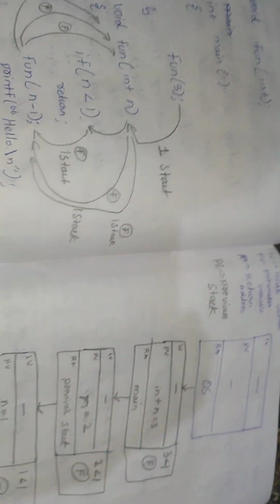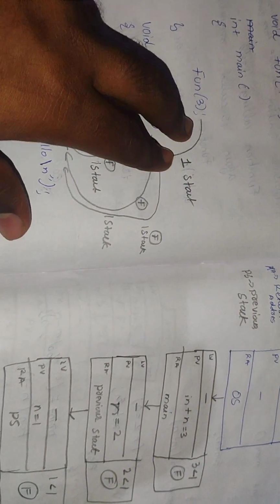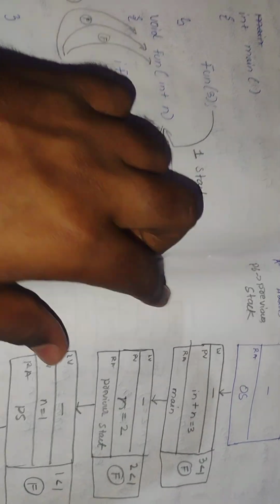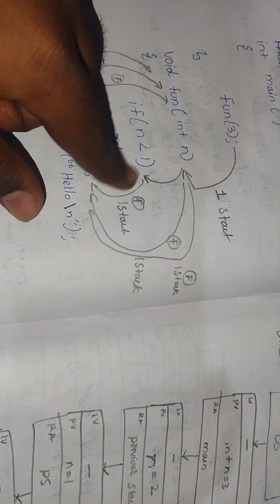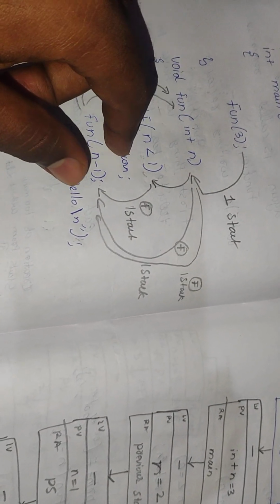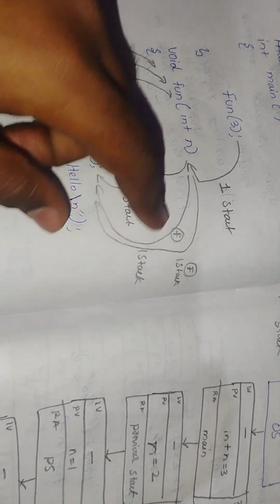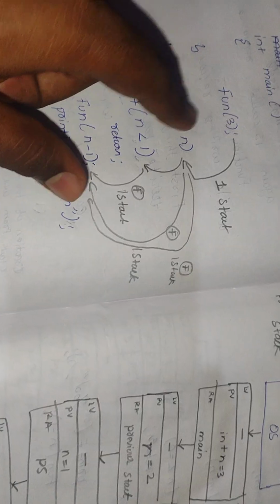here what actually happens is the next function call happens, right? If any function call happens, then a stack will be created. Inside this function, does any local variable exist or not? No. Does any parameter variable exist? Yes, the parameter variable exists.